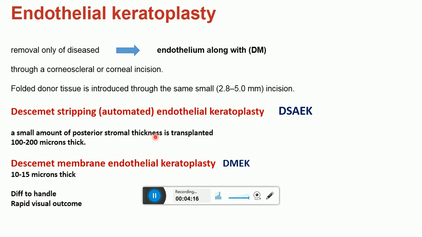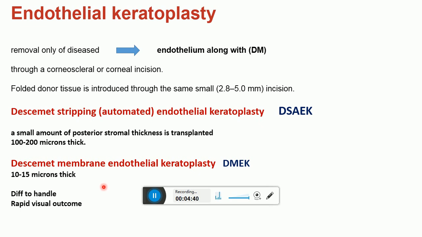A small amount of posterior stromal thickness is transplanted along with Descemet's membrane and endothelium. In Descemet membrane endothelial keratoplasty, only the Descemet's membrane and endothelium are transplanted. Because the graft is only 5 to 10 micron thick, it is difficult to handle.